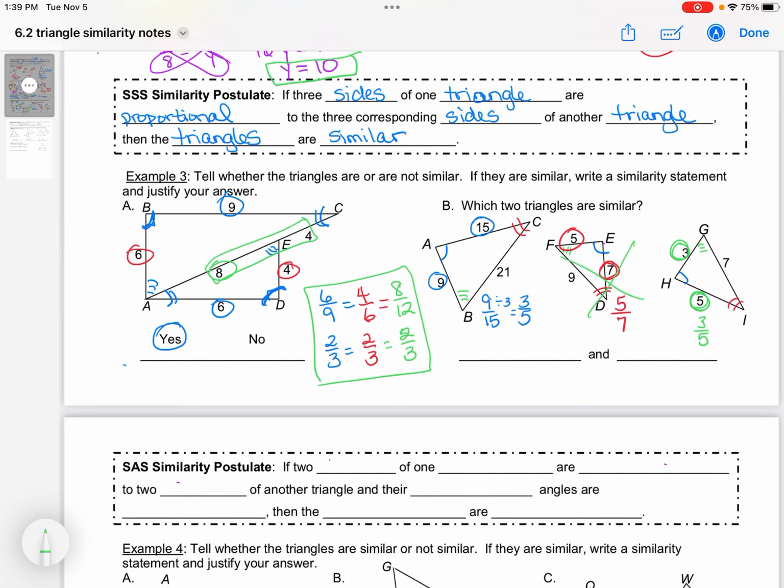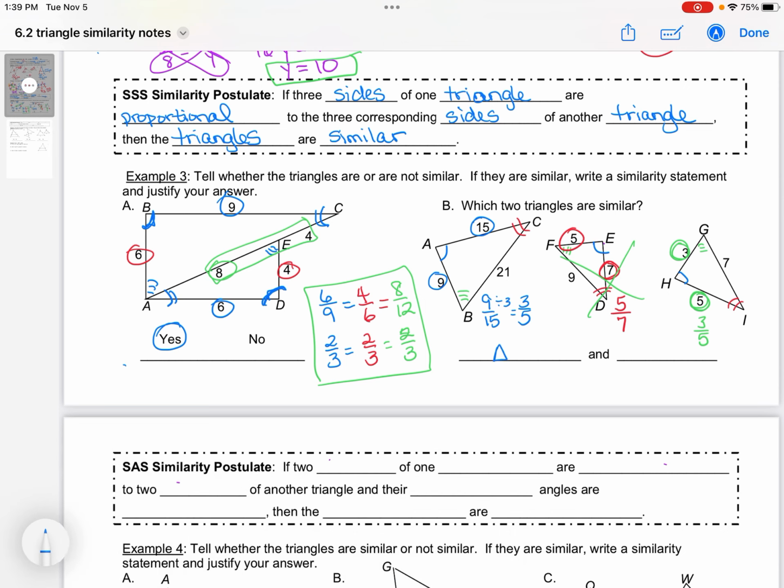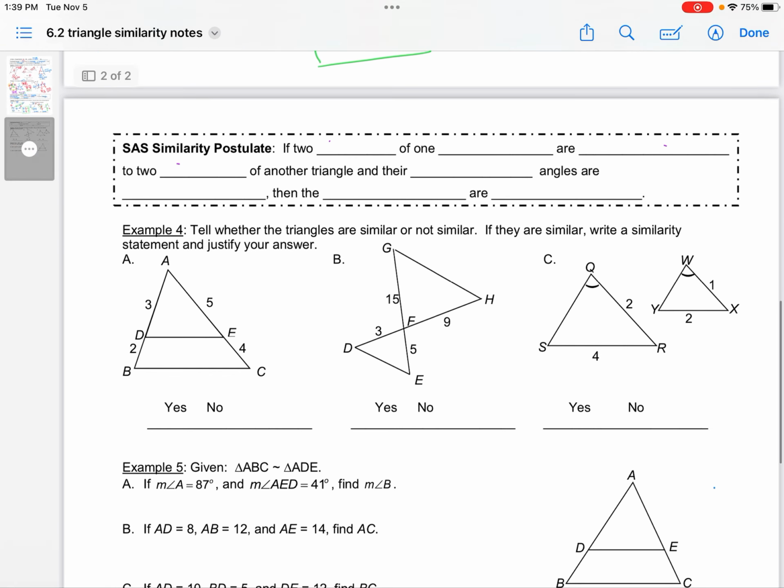So this is, in fact, the one that doesn't match. The other two match. So we have triangle ABC and triangle HGI. Remember, we do correspondings, and we try to put the letters in the same order.